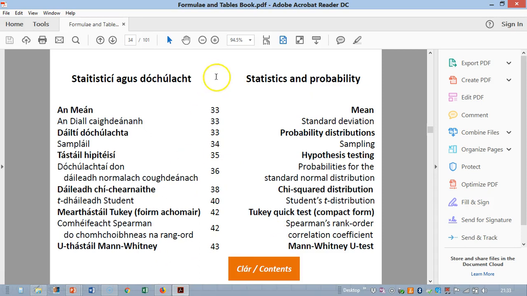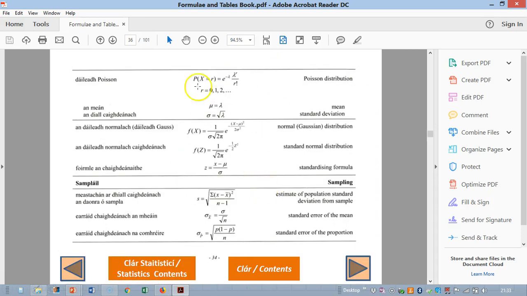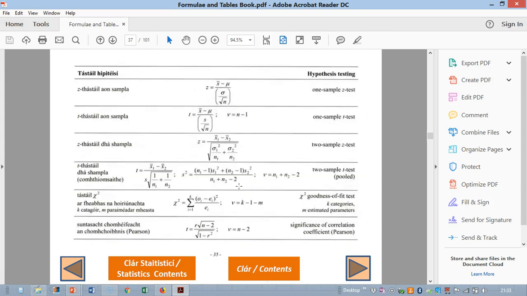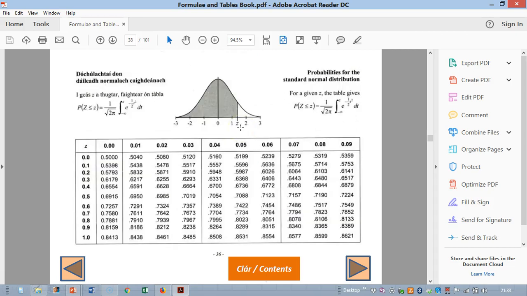Let's see now. Go down. You're looking at your formulas here. Margin of error should be one of these. Go to the next page. Actually, I assumed it would be one of the formulas here.